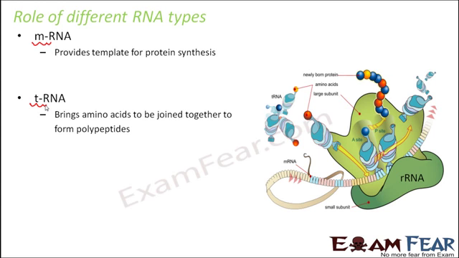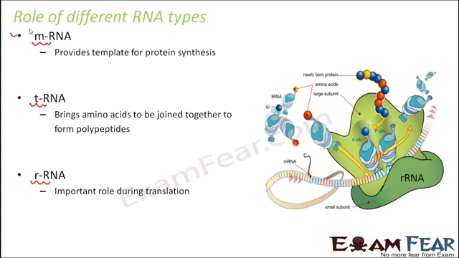So mRNA will carry the message from DNA, that is the genetic information. It will bring that message, and so it will decide what would be the sequence of the amino acids. But tRNA will carry the amino acids so that they can be joined together to form the polypeptides. And the third one is the rRNA, or the ribosomal RNA. This is important during translation, that means when the actual process of protein synthesis takes place.